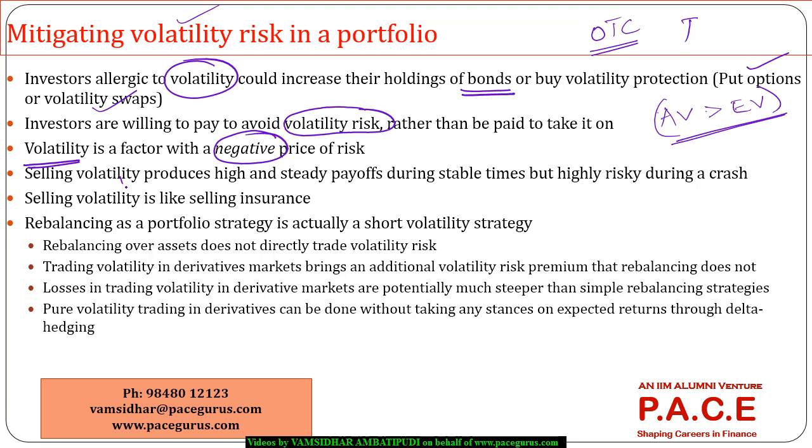When I am selling volatility, I am anticipating that the volatility will be much lesser. As a seller of volatility, I anticipate a profit. I get a profit when the volatility is much lesser, when the stock is fluctuating in a very limited region.